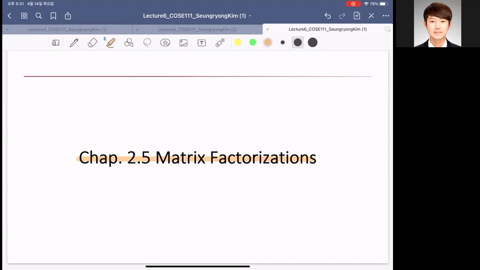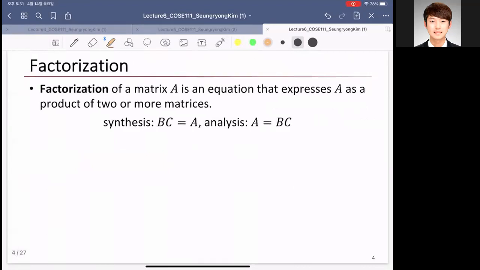Right. Today, let's move to the next chapter, matrix factorization. So what is factorization? Factorization of matrix A is an equation that expresses matrix A as a product of two or more matrices.